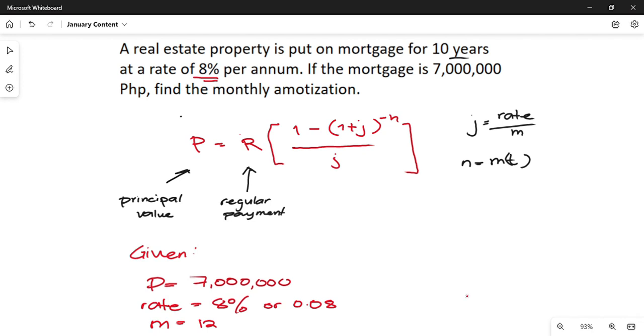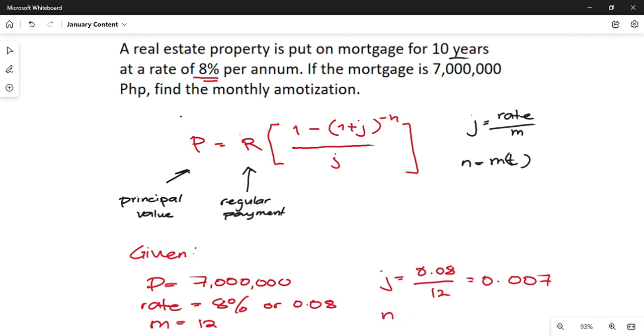Now that we have M and rate, we can solve for J. So J is rate 0.08 divided by 12. This is 0.0007 in three significant figures.